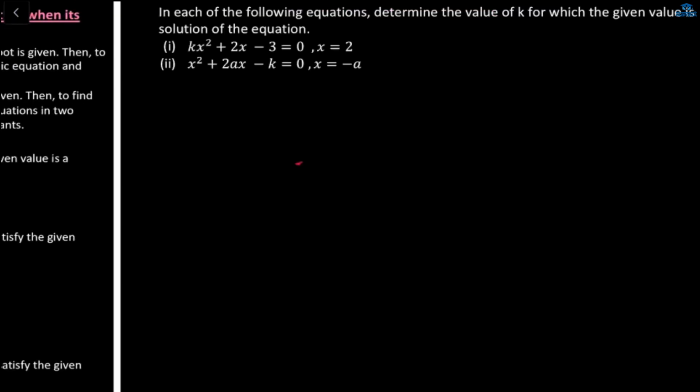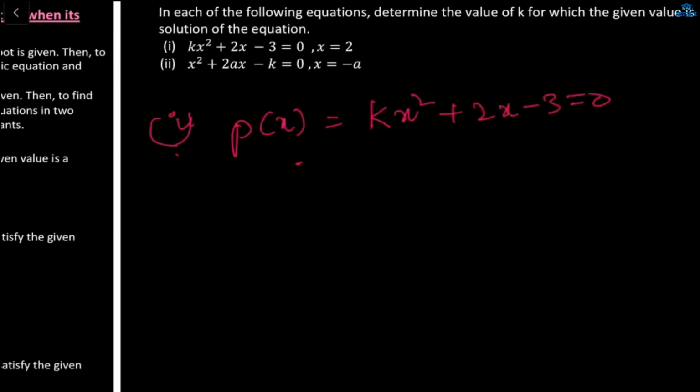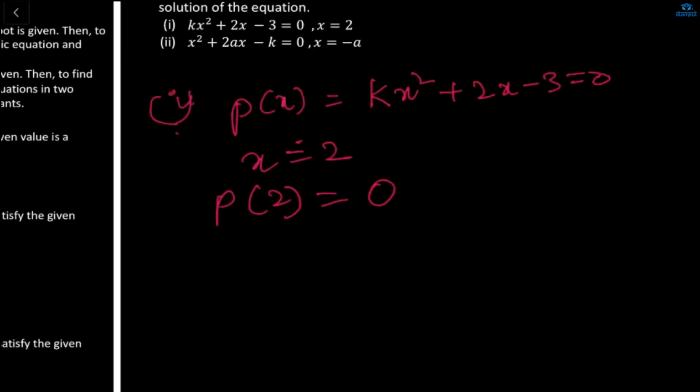Now, if you see the first one, it is written that p(x) is equal to kx square plus 2x minus 3 is equal to 0. It is given that x is equal to 2 is a solution, so we are going to put x is equal to 2. Therefore p(2) will be equal to 0.